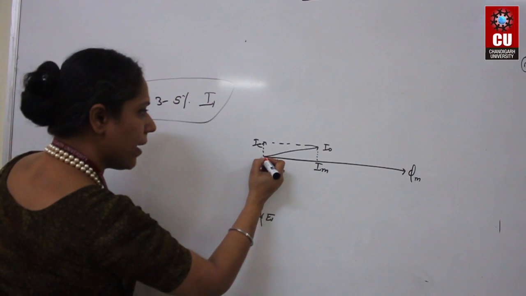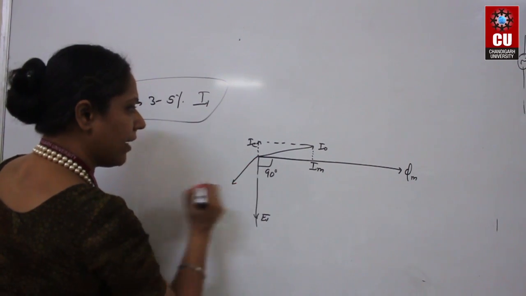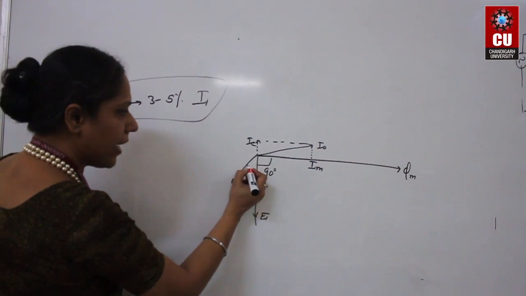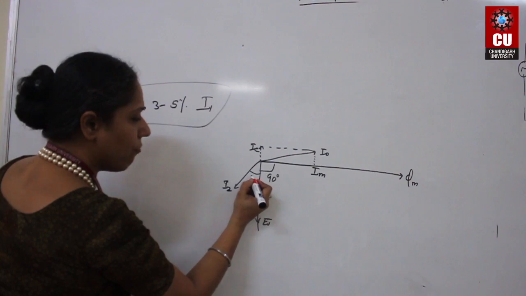Now the transformer has been connected to a load. Suppose that the load is inductive in nature. So this means I2 is there with some angle phi2.